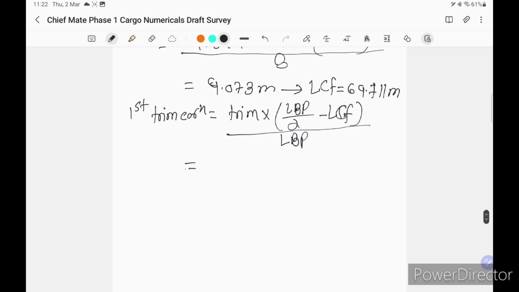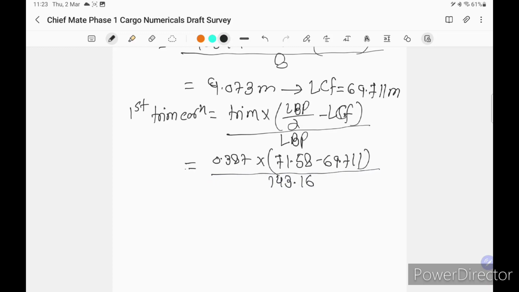So put the values: 0.387 into 71.58 minus 69.711, divided by 143.16. So you will get 0.005. So this is the first trim correction value.